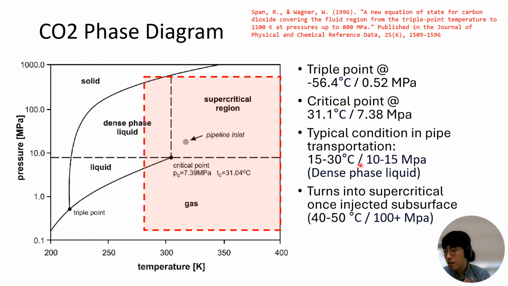And once we inject the CO2 into the subsurface, because the temperature of the subsurface is much higher than the surface, and at the same time, the deeper they go down, the more hydraulic pressure will be applied, we have a higher pressure and higher temperature. And that makes the CO2 turn into the supercritical state where it has characteristics of both the liquid and the gas. It will have a density somewhere between the liquid and the gas, and at the same time it will have a viscosity between these two.